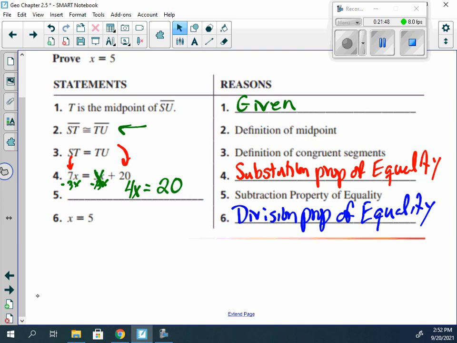If you want to add the 20 first, or you want to subtract x first, I'm going to leave it up to you instead of forcing you to do it a specific way. So those are going to be more open. These on the test are going to be exactly like this. You're going to fill in the blanks to get to the end of the proof. So hopefully, the first two should be easy points. T is the midpoint, it is the given. Those should be given, and the last spot is what we're trying to prove. So any questions on this here?